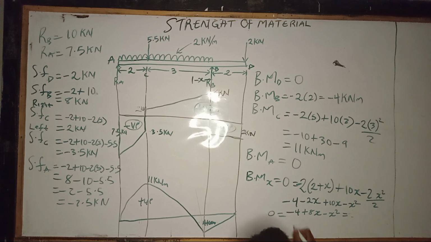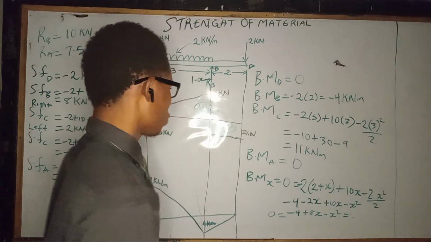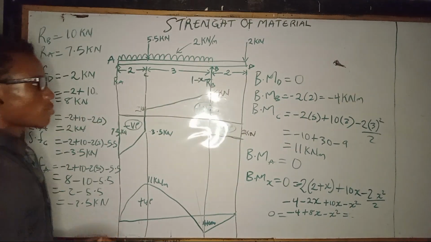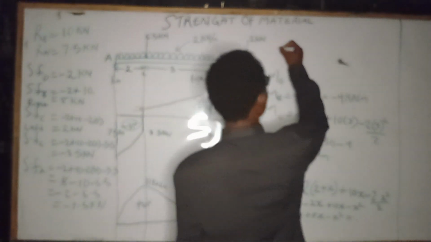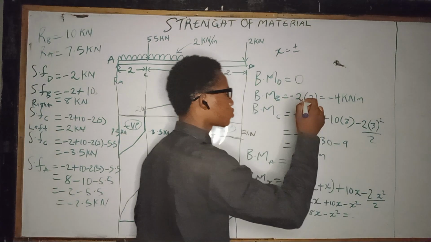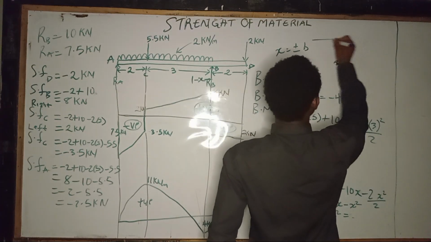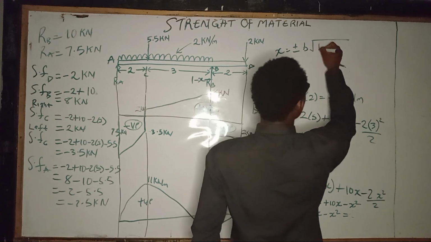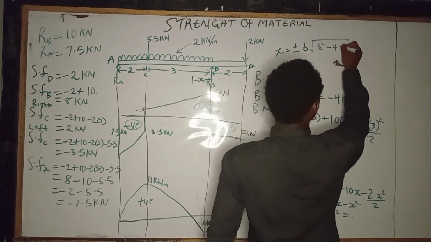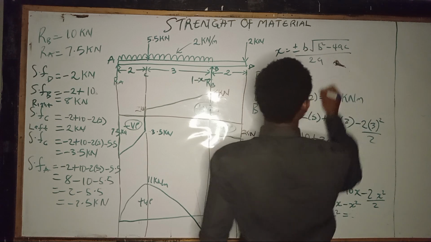So we can use the completing the square method, whereby x is equal to minus b plus or minus the square root of b squared minus 4ac all over 2a.